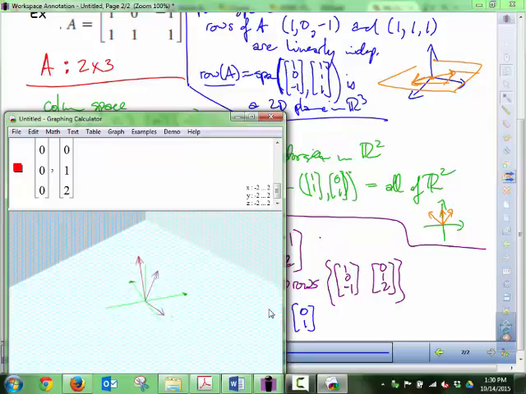So if you look at it carefully, I'm going to stop it at the right moment where they look like they're all on the same plane. Right here, you can see that they all would be lying on the same plane.